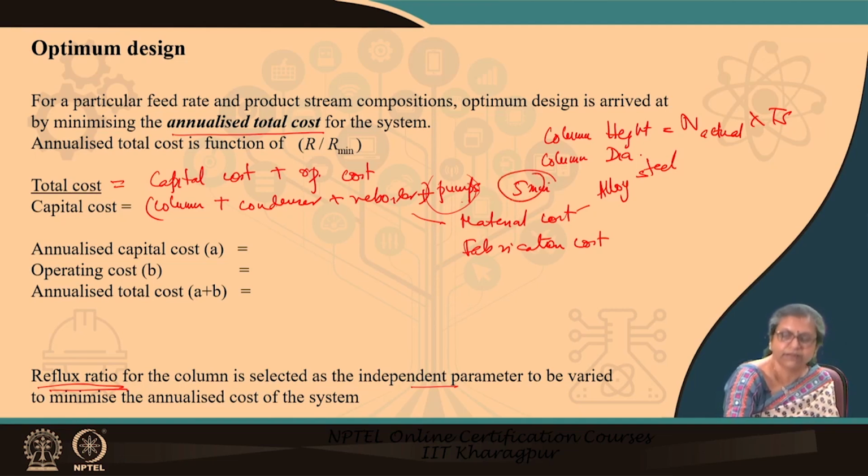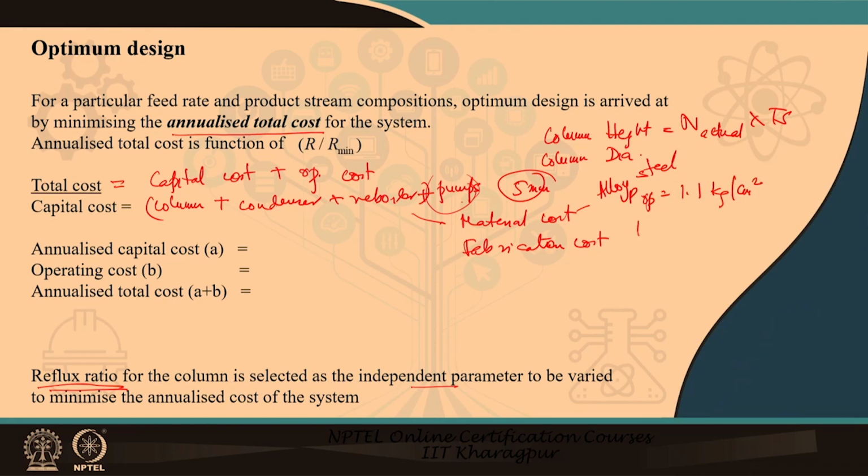The thickness is definitely based on the operating pressure. Normally, as I have said, the P operating is equal to 1.1 kg per centimeter square, and usually the P design is taken as 1.1 times the P operating, which gives this as 1.21 kg per centimeter square.